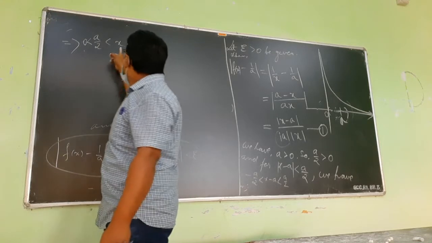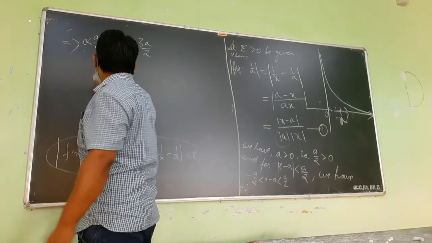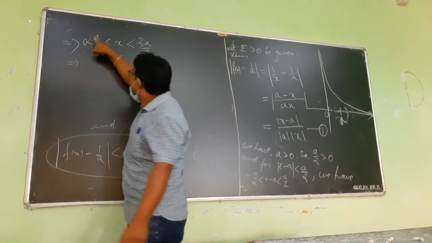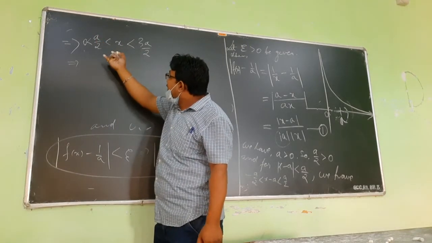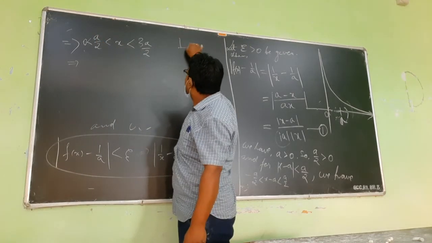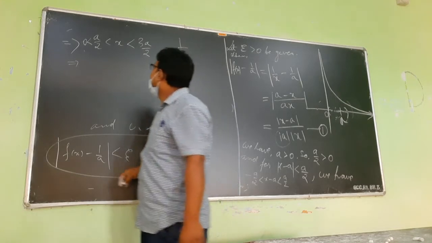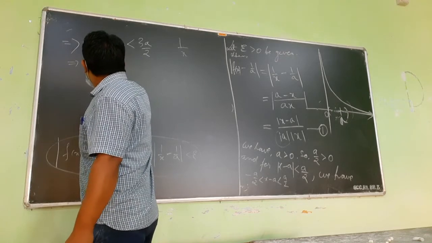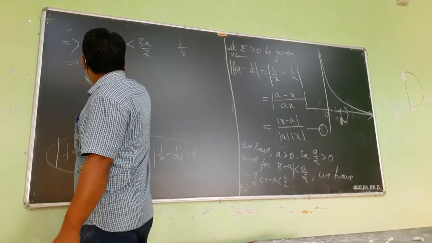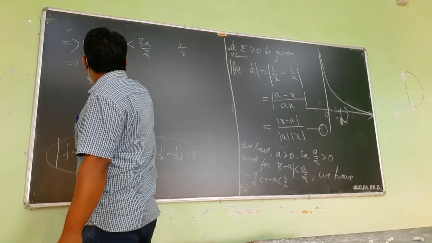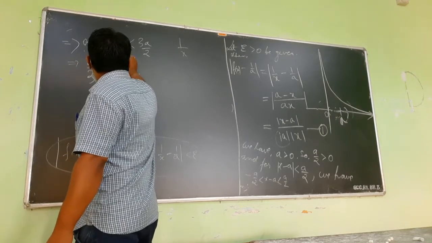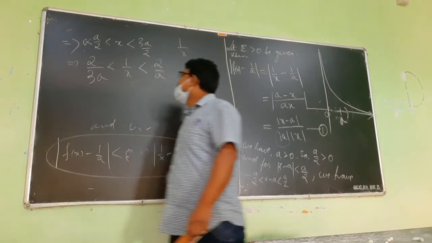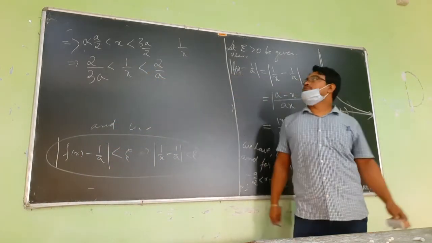From here I can write, a by 2 is less than x. I want the bound for 1 by x, so I take the reciprocal. If I take the reciprocal, I can write 2 by 3a is less than 1 by x, and this is less than 2 by a.